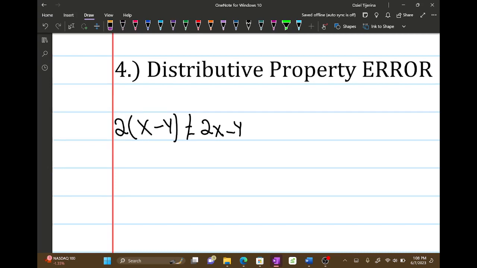And the reason why they make this mistake is because they think that 2 times x is 2x, which is true, but remember, this entire thing is being multiplied by 2, so we have to distribute it all the way through. This means that we're going to get 2x minus 2y, okay?